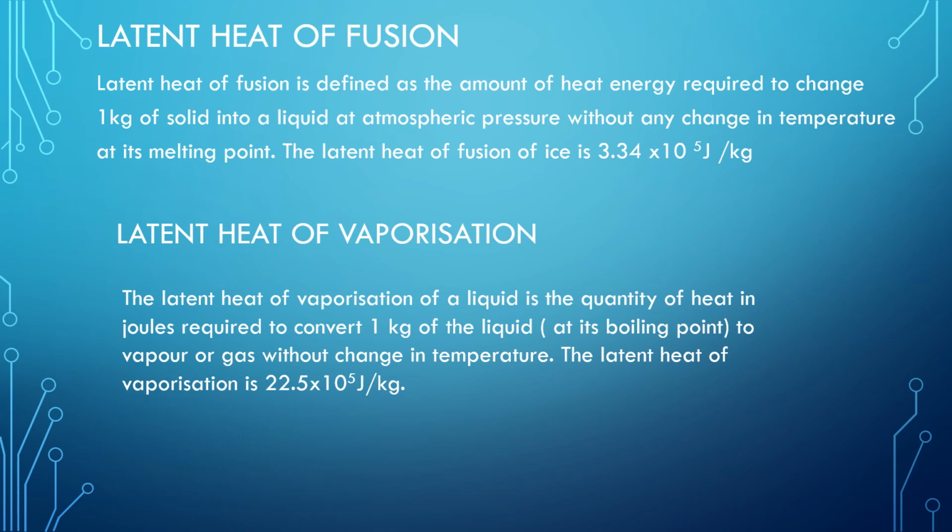So while latent heat is being supplied to a liquid, if you look at the graph, there will be no change in temperature until and unless the liquid fully changes into a gas. One example is the latent heat of vaporization of water, which is 22.5 × 10^5 joules per kg.